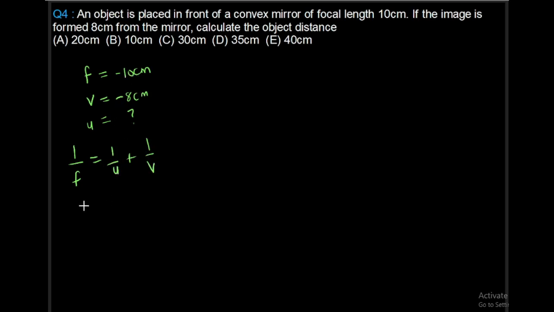F is minus 10, so we have 1 over minus 10 equals 1 over u, which is unknown, plus 1 over v. V is minus 8, so we have 1 over minus 8. Plus divided by minus is minus, so we have minus 1 over 10 equals 1 over u minus 1 over 8.